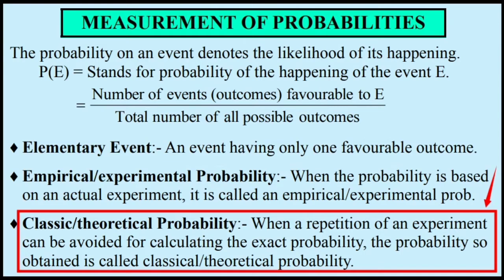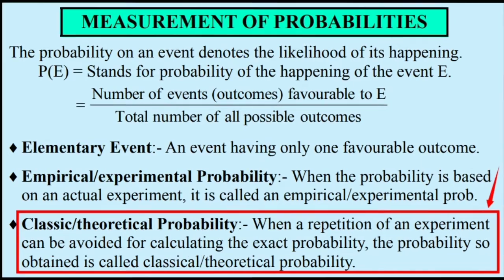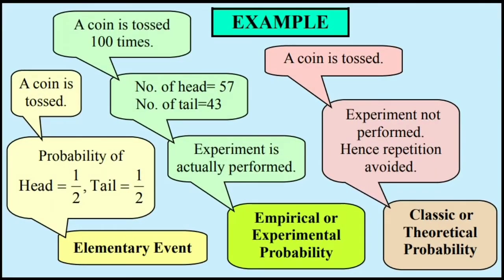When a repetition of an experiment can be avoided for calculating the exact probability, the probability so obtained is called classical probability or theoretical probability. And in our syllabus, this probability only is there. Let's understand these terms through suitable examples.